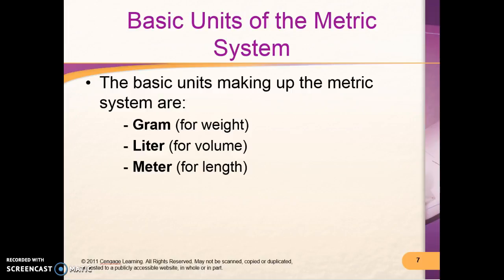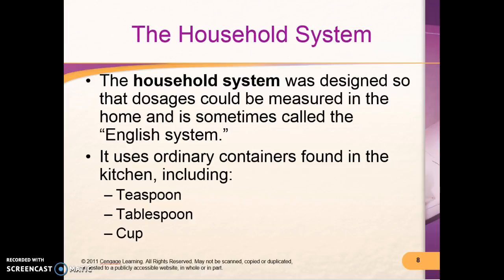Obviously the metric system being based on a unit of 10 can be fairly easy, whereas when we talk about the English system, you know, 12 inches in a foot, 3 feet in a yard, things like that. It's not an easy system to work with compared to the metric system of measurement. And then of course we have the household system. This is also kind of dumped into the English system or the customary.